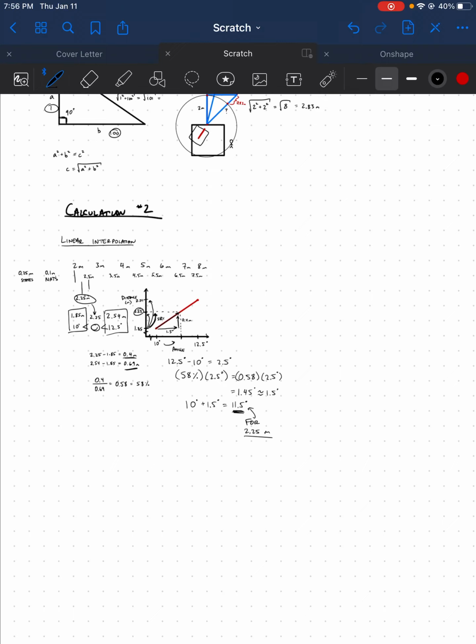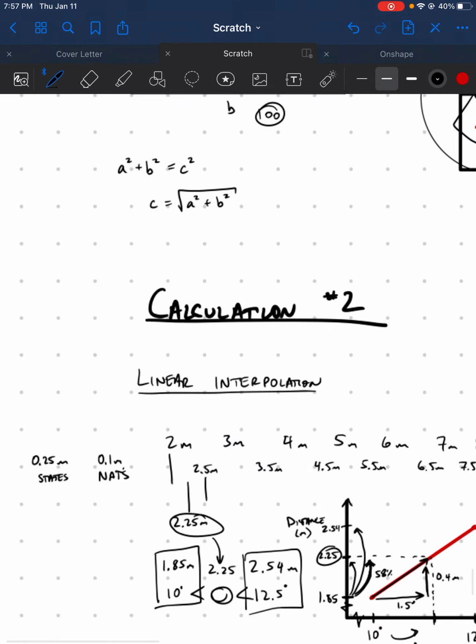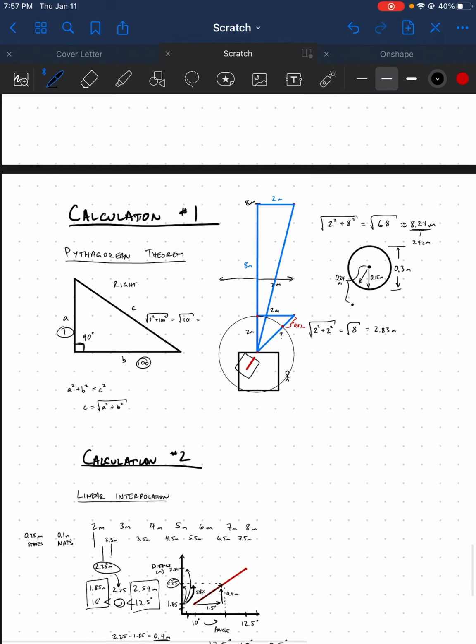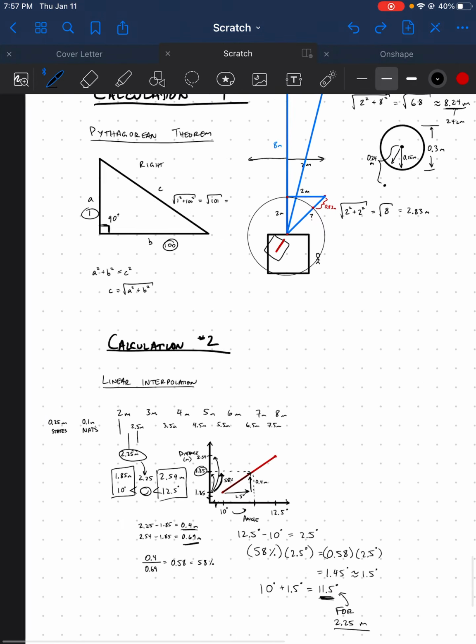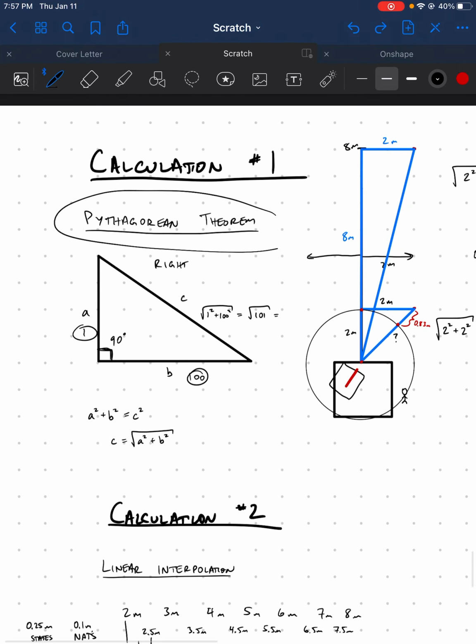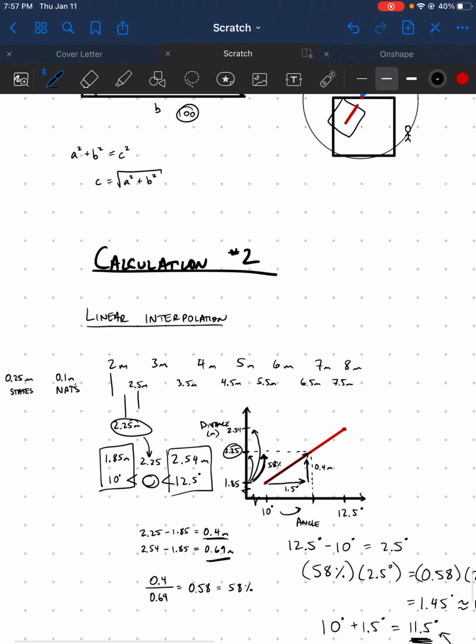I think those are solid calculations, especially for right now for Miraloma, for you guys to work through. I would write down that the concepts you're using are the Pythagorean theorem and linear interpolation.